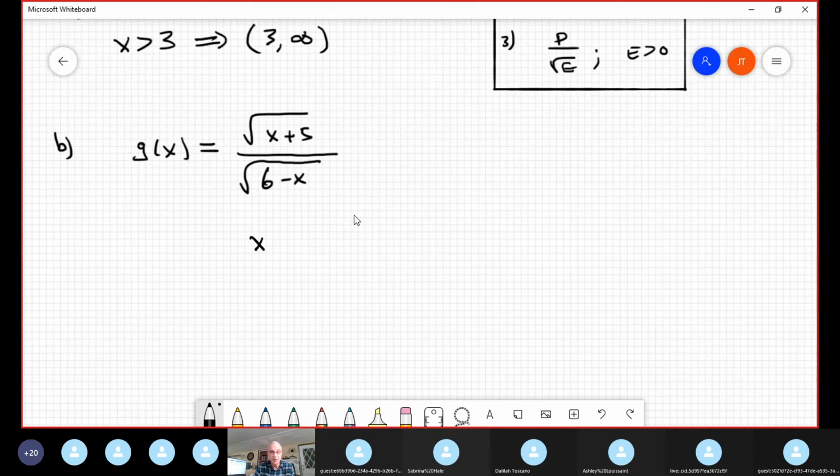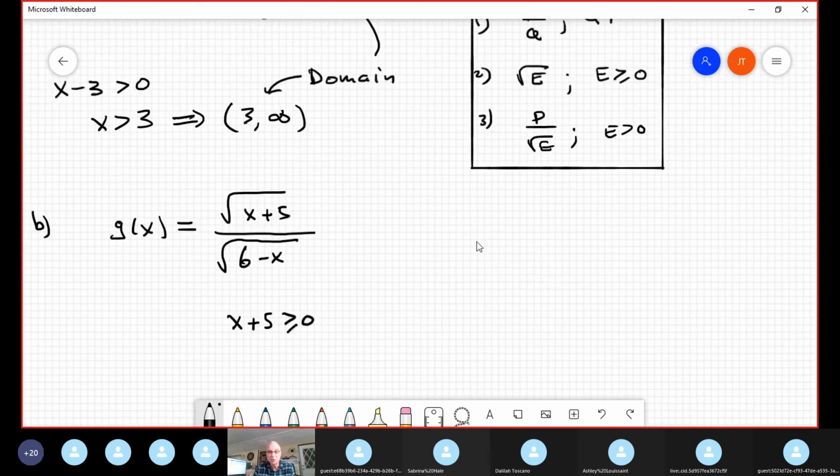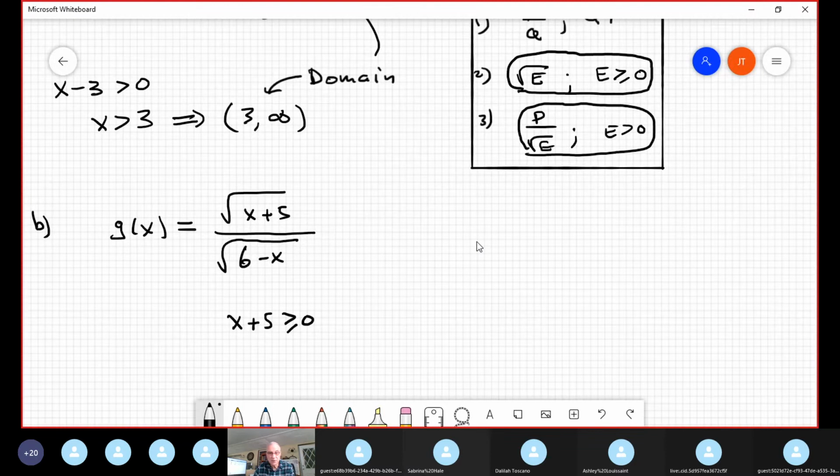You take the expression x plus 5 greater than or equal to 0, exactly the same idea as for restriction type 2, and the restriction type 3, when you have a square root in the bottom, is 6 minus x greater than 0. No equal. You see here no equal, and the top yes equal. And these restrictions you put together with an 'and', and you form a compound inequality.